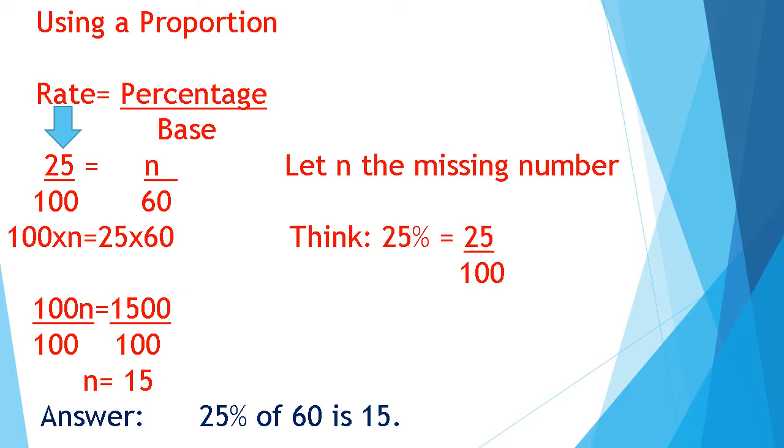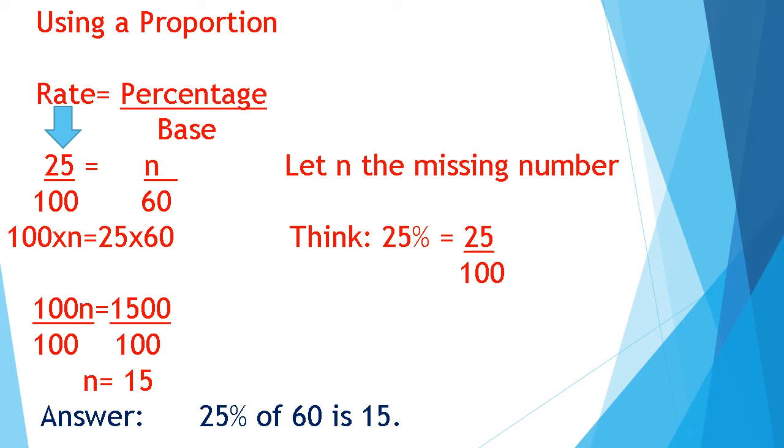Where can we get 25? Think that 25% is equivalent to 25 over 100. So the rate 25% becomes 25 over 100. So the cross product is 100n is equal to 1,500.